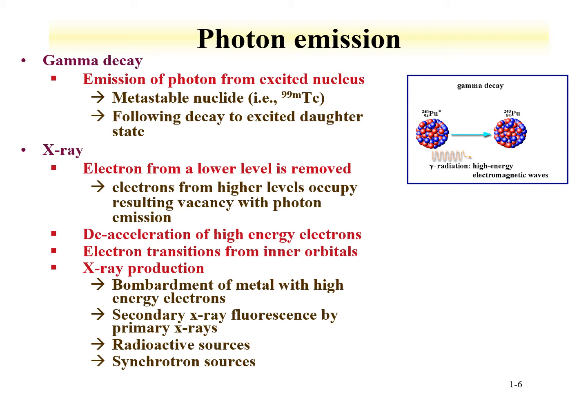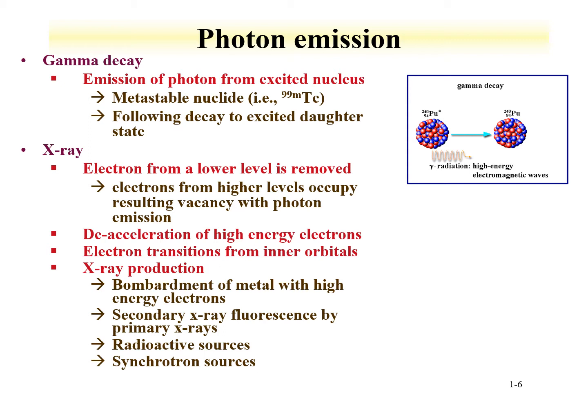Photon emission is observed through two routes in radiochemistry. One is through gamma decay, where an excited nuclear state de-excites by emission of a photon. So this can occur when a radioactive isotope decays to a daughter. It may not decay to the ground state directly.